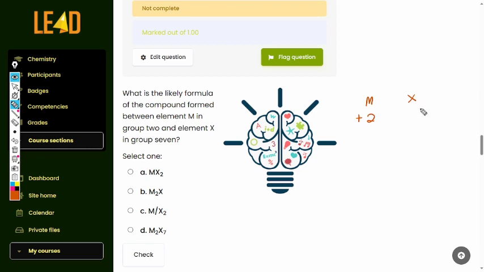So group 7 means it has 7 electrons in the outermost shell. With 7 electrons, it's going to gain 1 electron to become stable when it combines. So the oxidation number is -1 and the valency is 1. So when you cross this over, you're going to have M1X2, which is just MX2. So the answer is A.